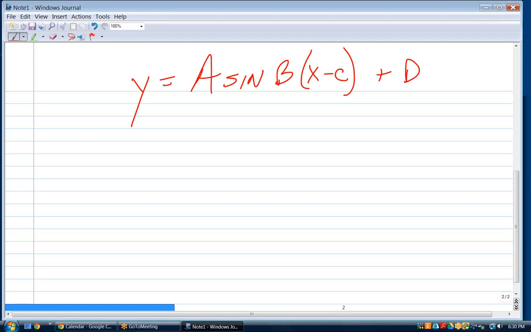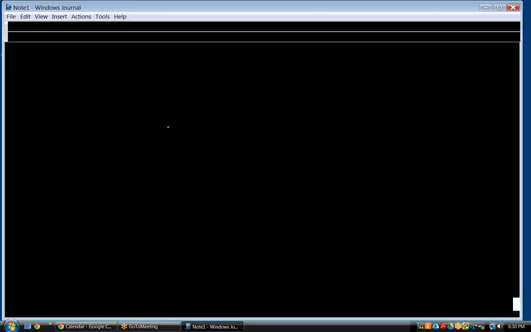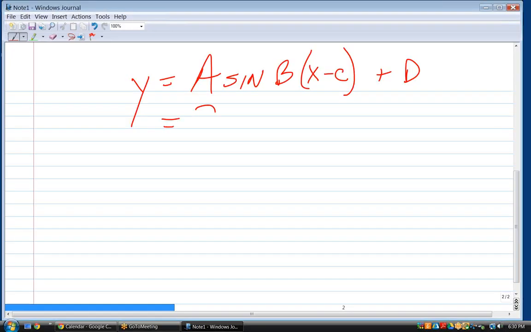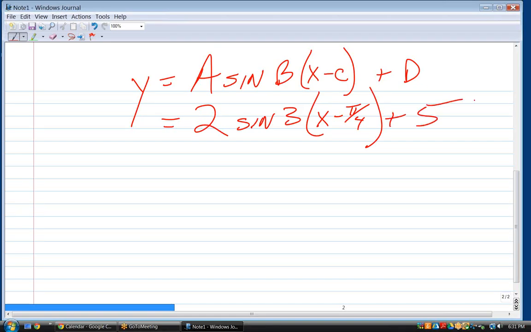Have you studied this? Yeah, that's what we're doing now. Okay. In other words, trying to figure out how to graph, say, 2 sine of 3 times x minus pi over 4, plus 5. How would you graph that?